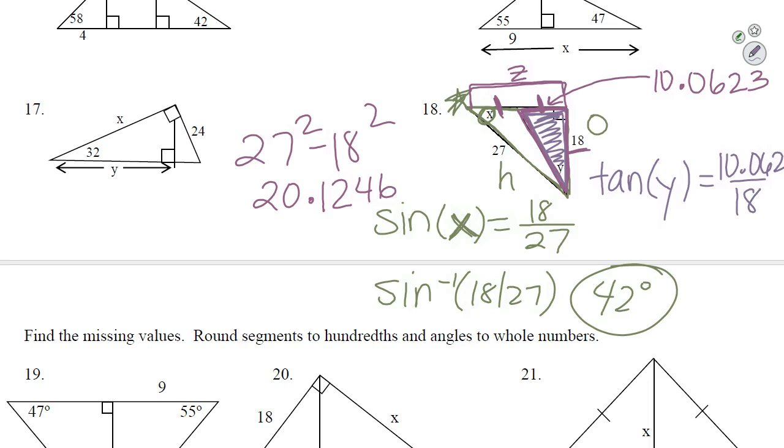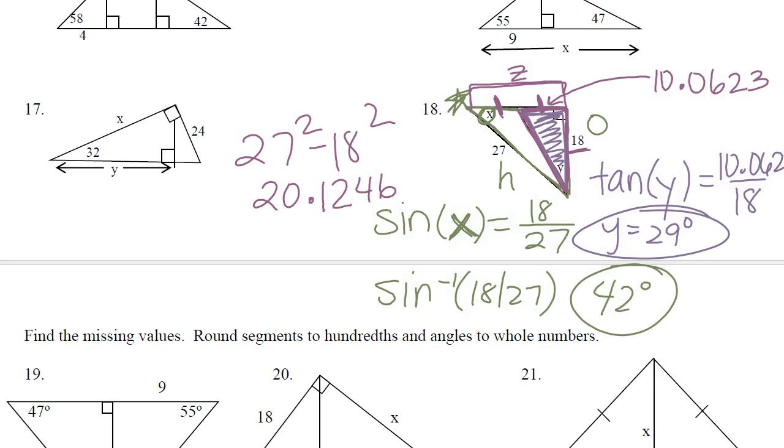So we're going to do second tan 10.0623 divided by 18. And we get it is a 29-degree angle. So lots of trig going on in that one problem. That was a good one.